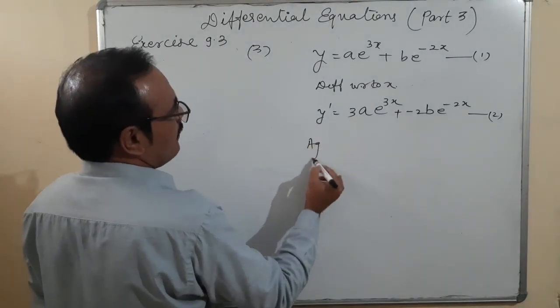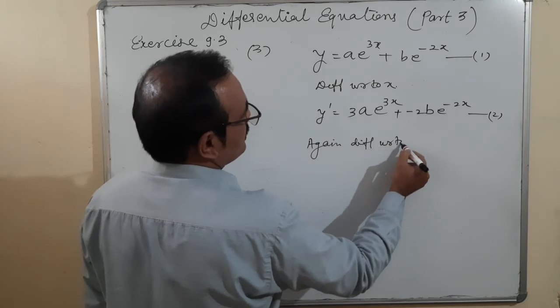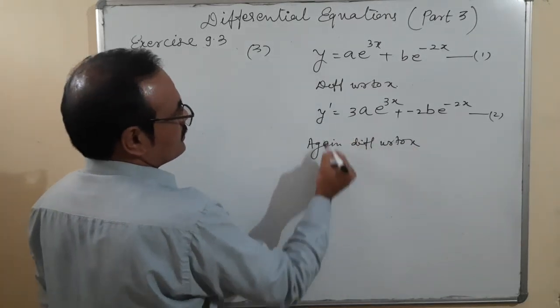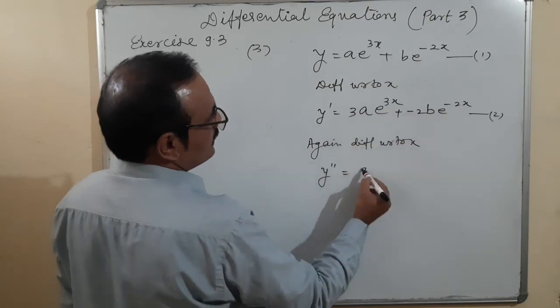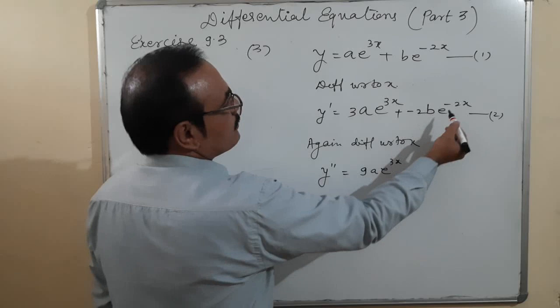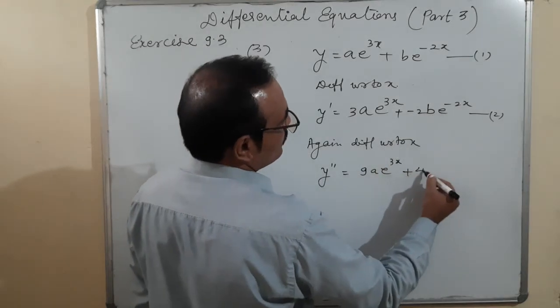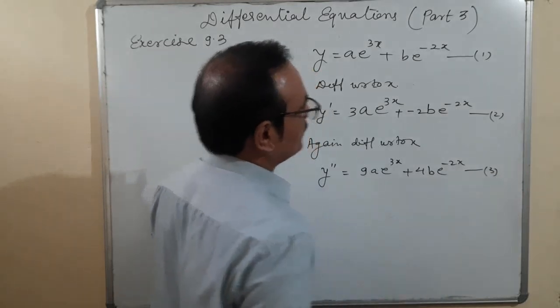Again differentiate with respect to x. So differentiation of y dash is y double dash is equal to 3 threes are 9a e to the power 3x. It is minus 2 into minus 2, it is 4b e to the power minus 2x. This is equation number 3.